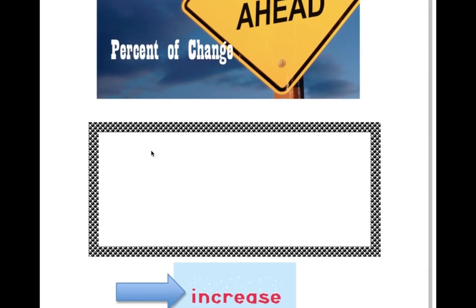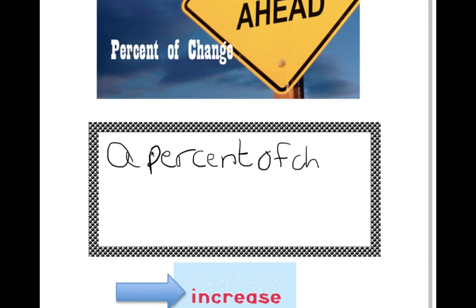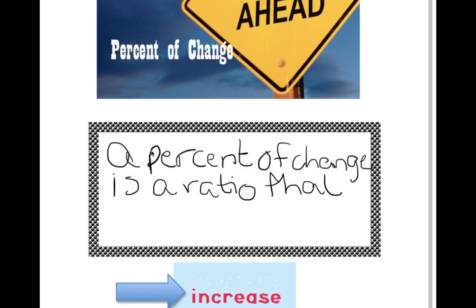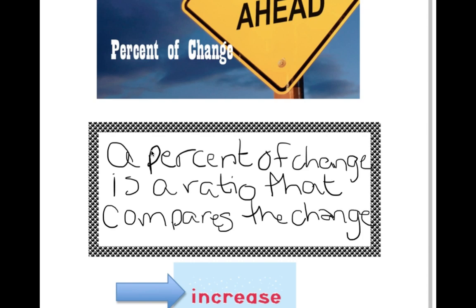A percent of change is a ratio that compares the change in quantity to the original amount.